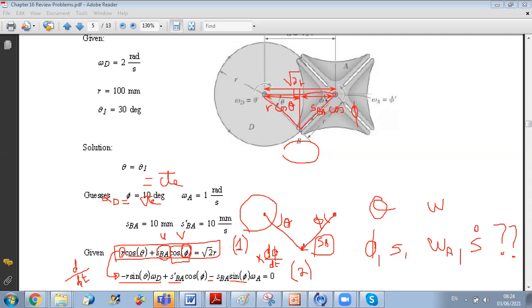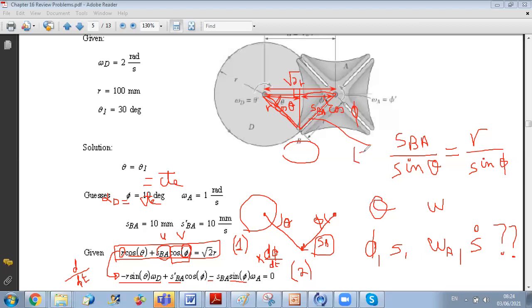You can write that this length, which is S, S BA, over sine of this angle, which is theta, is equal to this distance, which is R, the radius of the disk, over sine phi. So equals R over sine phi. This relation is equation number 3.